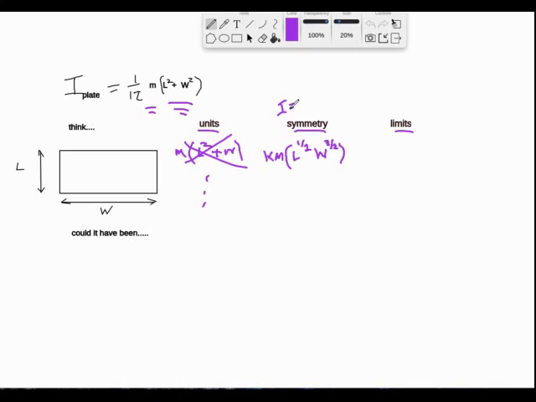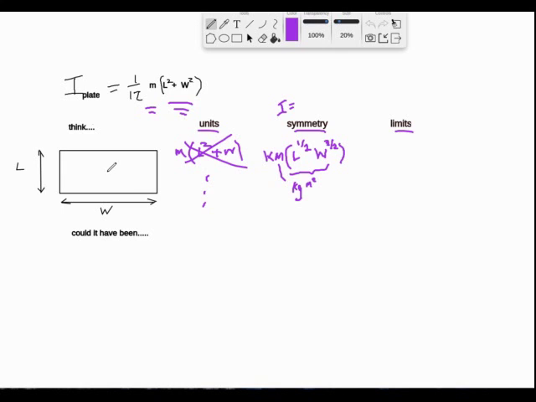Our moment of inertia equals mass times length to the 1/2 power times width to the 3/2 power. This thing would have units of meters squared times kilograms, because the mass would be kilograms. And here the K is just some unitless factor out in front. So this would have the right units, but this would be treating the length and the width differently.